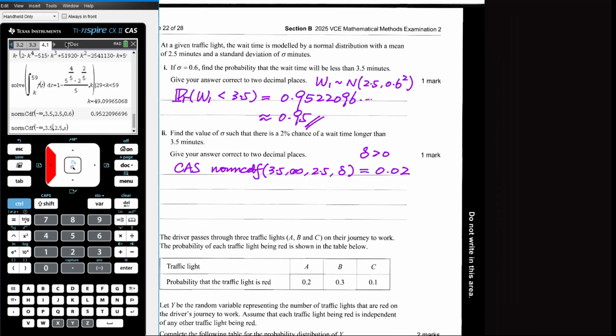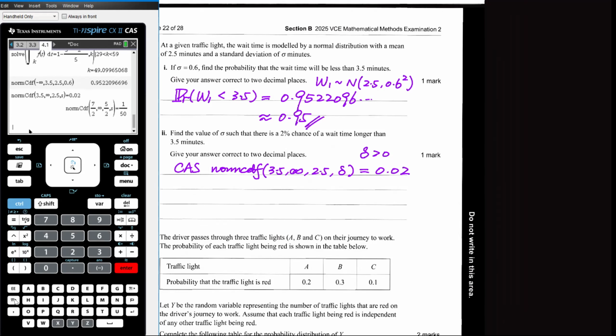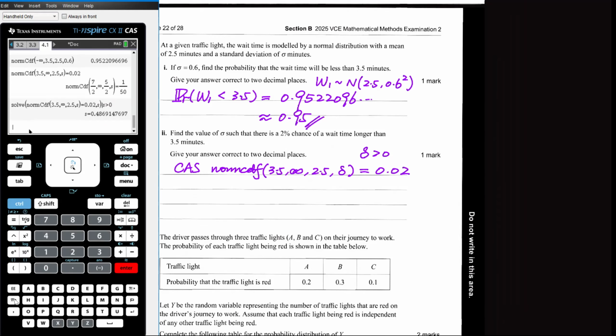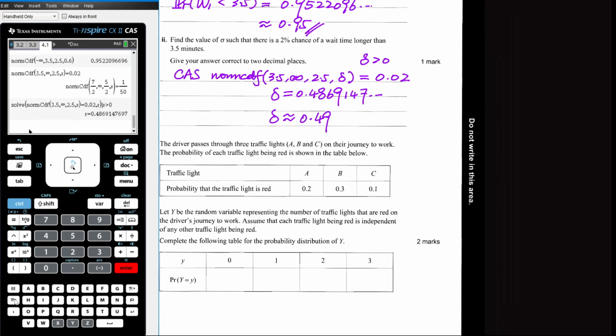I'll put an S here. Equal to 0.02. Solve this equation for S, given S is larger than 0. Should be able to get, let's say, sigma equals 0.4869, etc. So sigma is approximately 0.49. Yep, pretty chill.